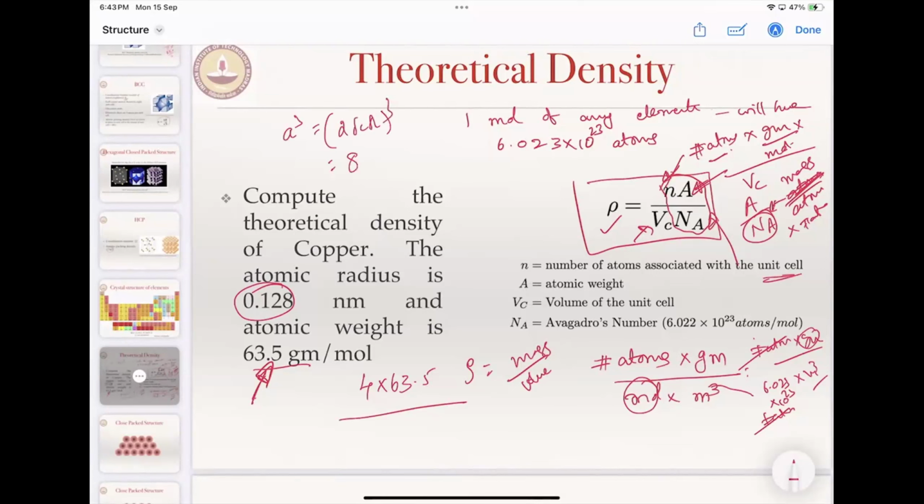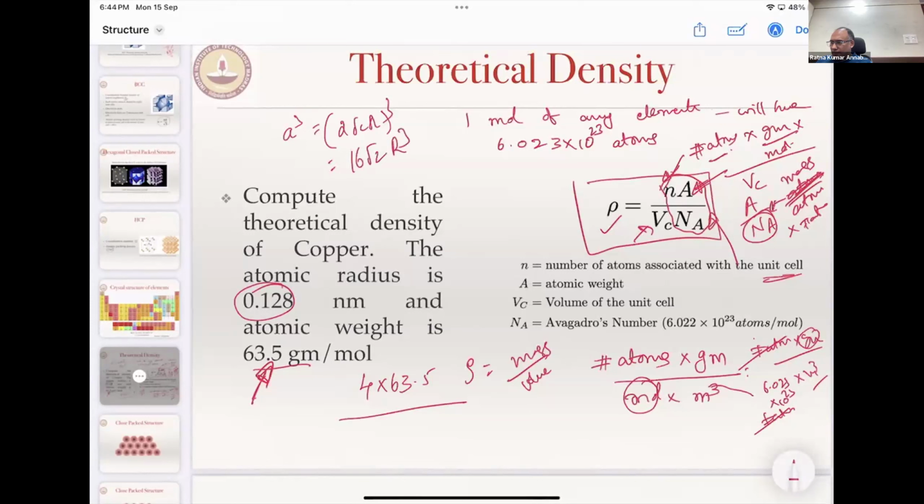Yes, sir. 2 root 2 r cubed gives 8 into 2 root 2, that is 16 root 2 r cube.